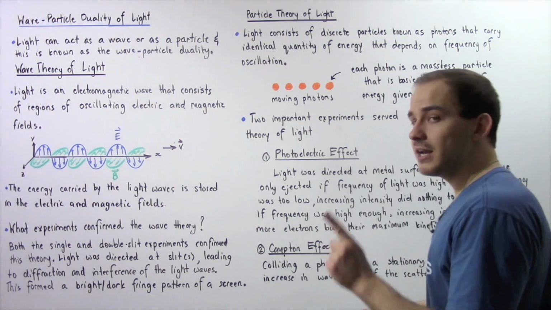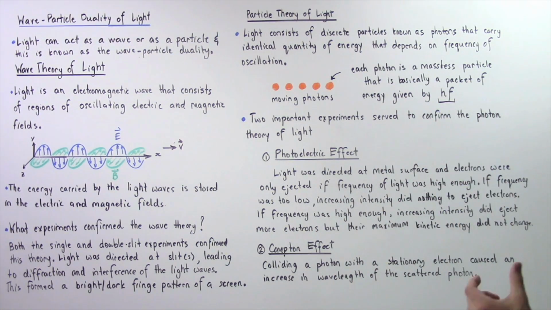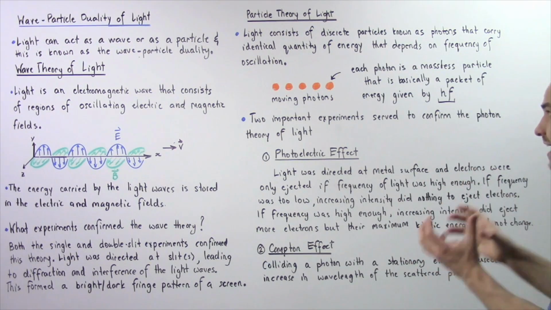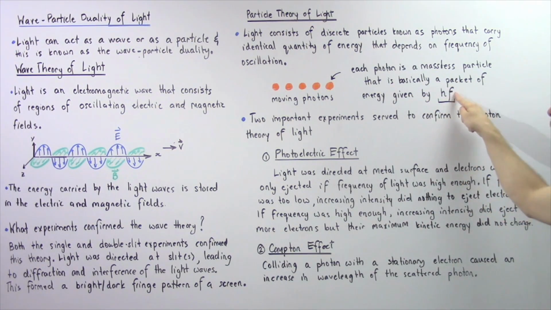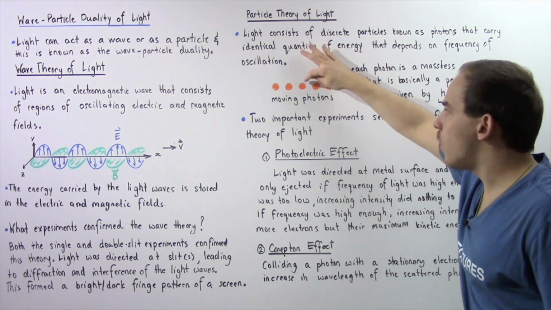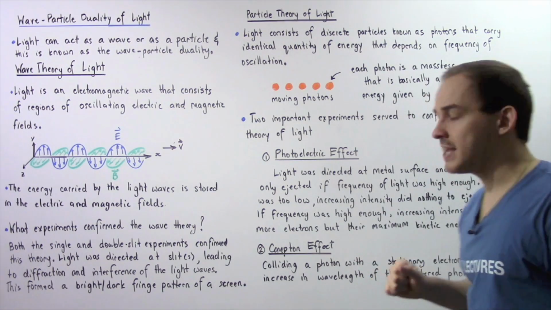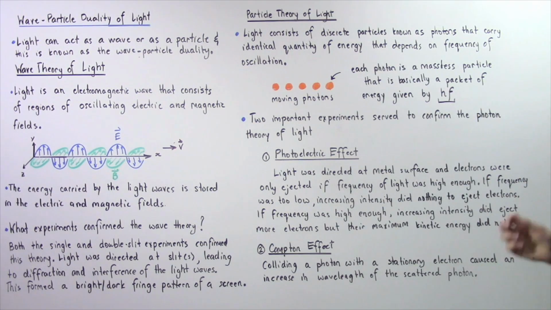Now, each photon is in fact a massless particle that is basically a bundle of energy, and the energy is given by taking h and multiplying by f. So the energy that each one of these photons carries can be calculated by taking Planck's constant h and multiplying by the frequency of oscillation of light.